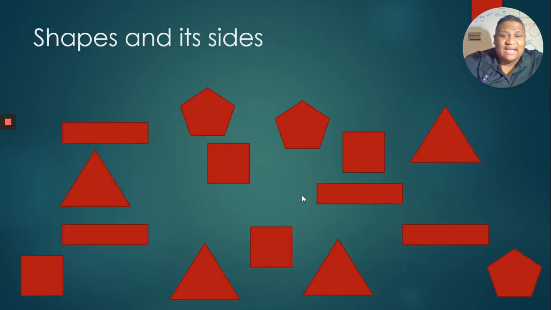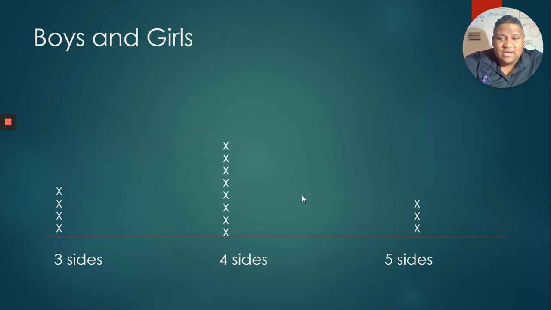Shapes and its sides. We were to interpret if it had 3 sides, 4 sides, and 5 sides. There were 4 that had 3 sides. There were 8 that had 4 sides, and there were 3 that had 5 sides.